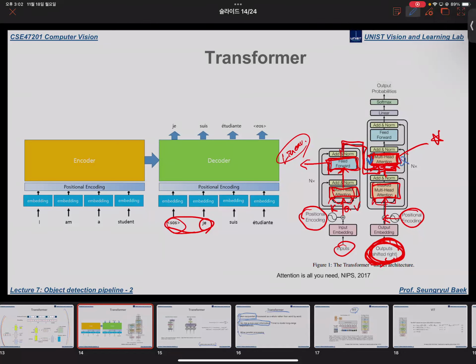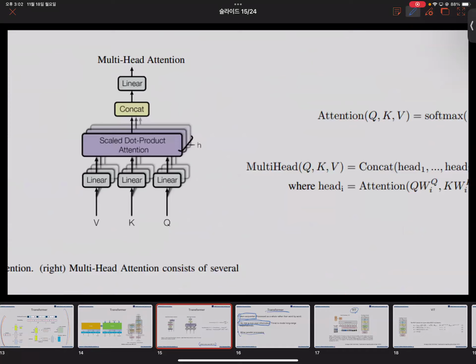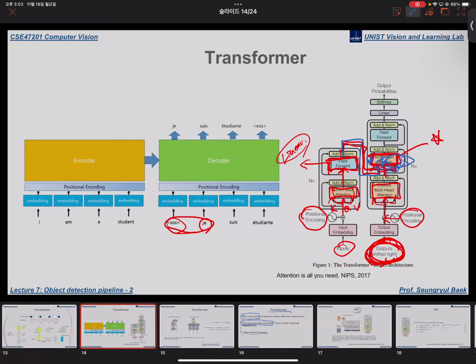I'm not sure which values are which, maybe values and keys are from the encoder output, and query might be from the previous layer's output. And somehow you multiply these two to calculate the similarity between the encoder output feature and the previous decoder output, and then multiply the encoder feature, okay, to get the final feature here.